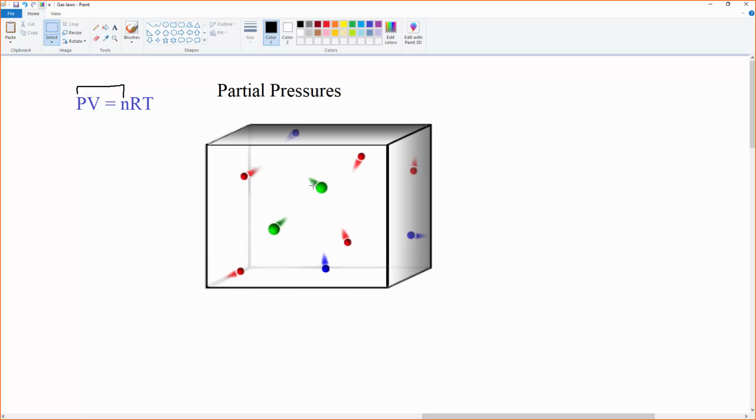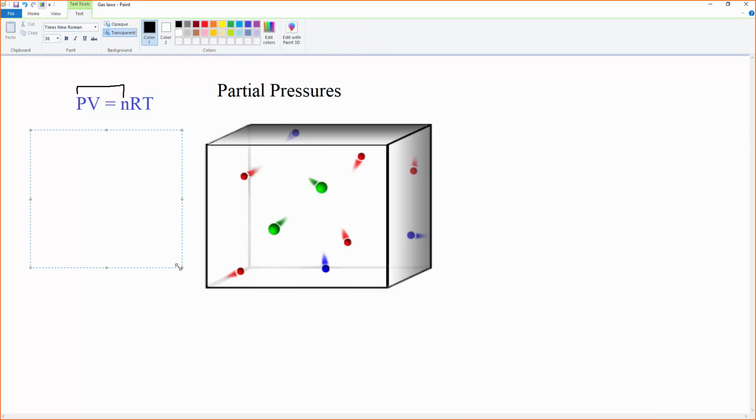Some of these are bigger than others, and don't worry about this. But what we see here is the pressure is directly related to the number of moles for any sample of gases. Now this is not, I think, a surprise.